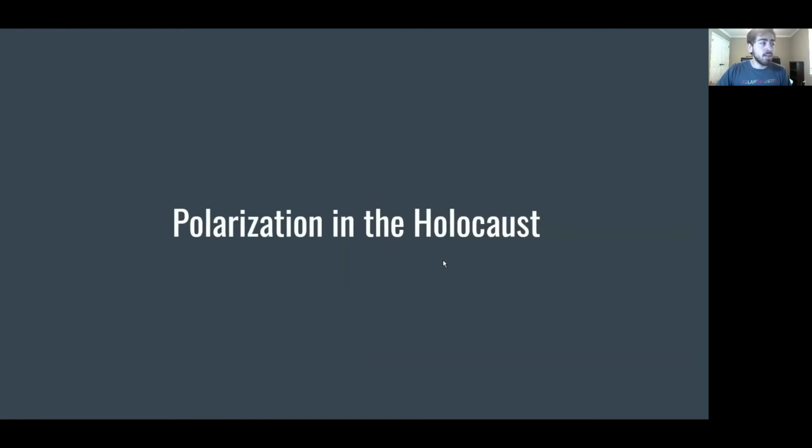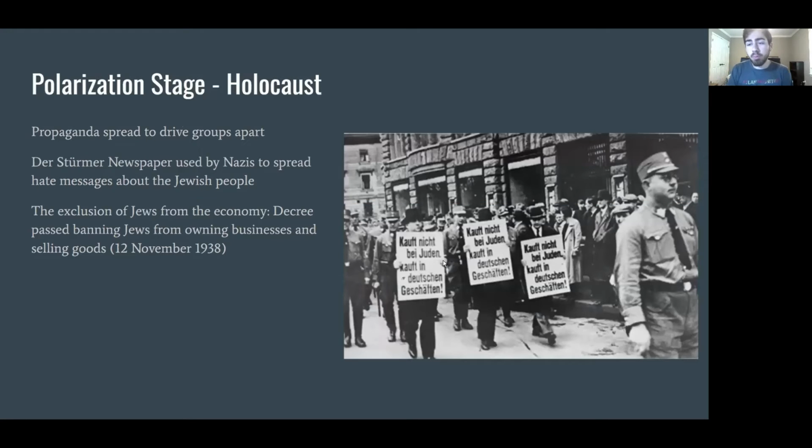Next is polarization in the Holocaust. This is where propaganda was used to actually drive the Jews and the Germans apart. A genocide's not going to happen unless the dominant group and the group being persecuted against are extremely separated from each other.